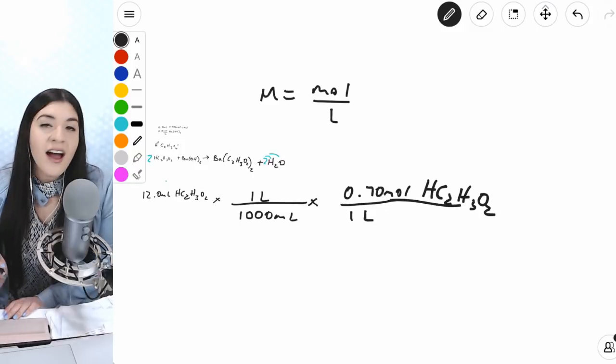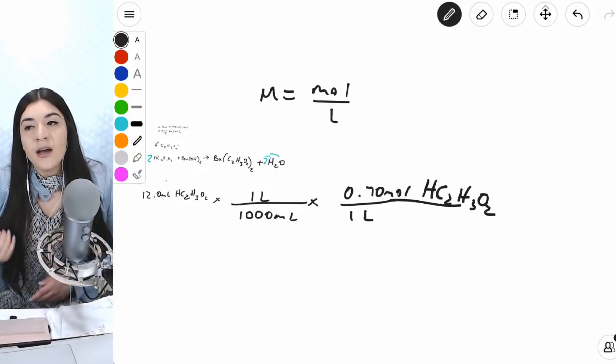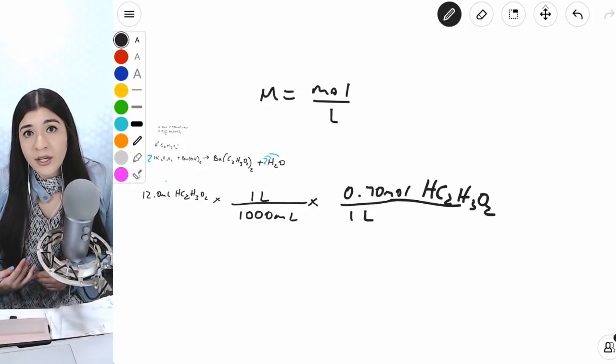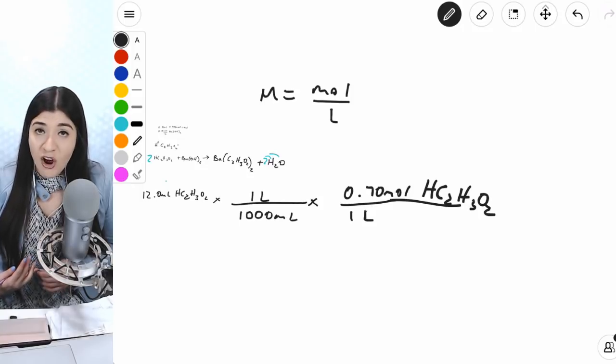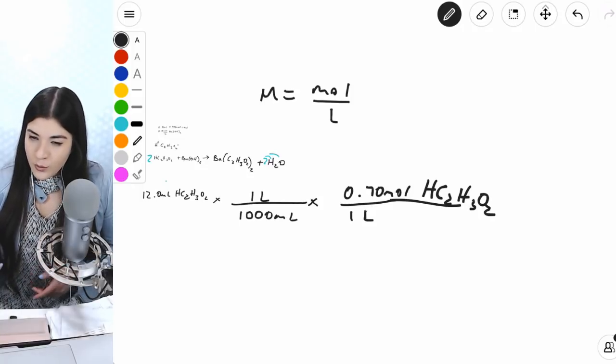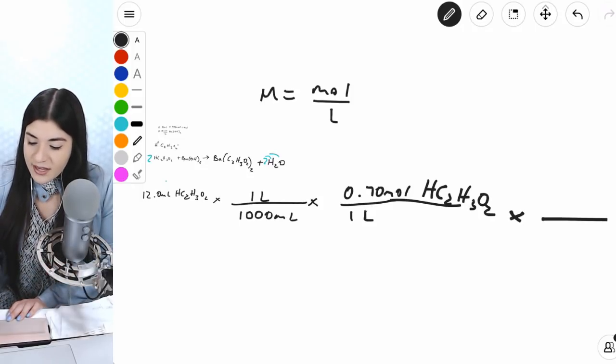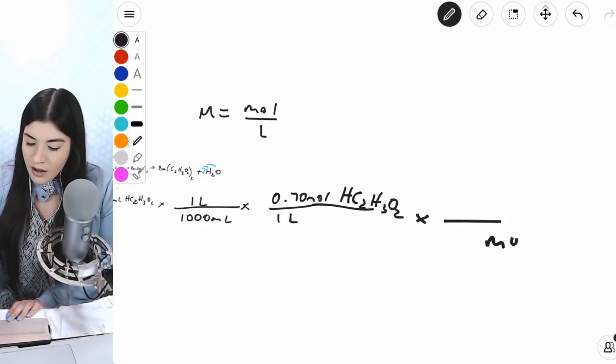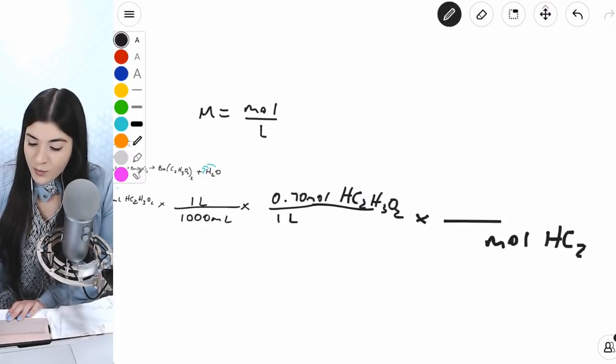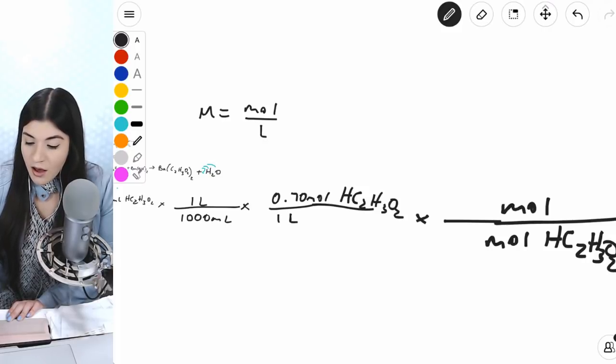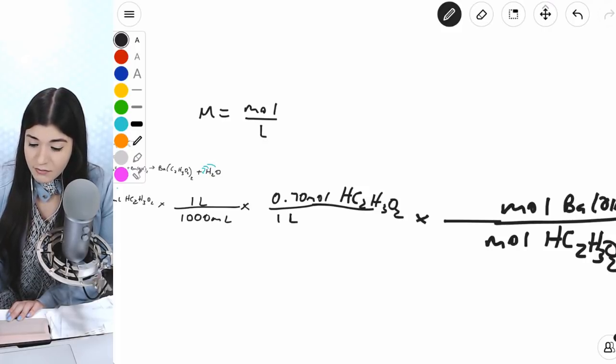And then from here, I'm trying to figure out how many milliliters are being used with our base of barium hydroxide. So I want to do a mole to mole ratio. I'm going to multiply this, and we're going to put our moles of acetic acid on the bottom, and then on top we want the moles of barium hydroxide.